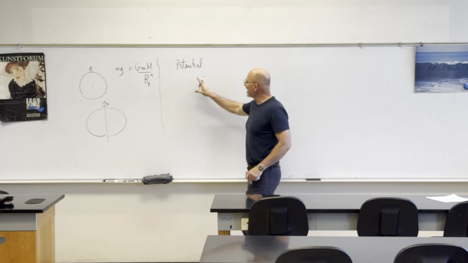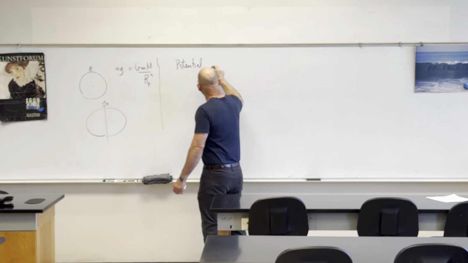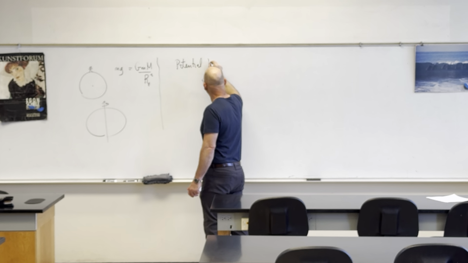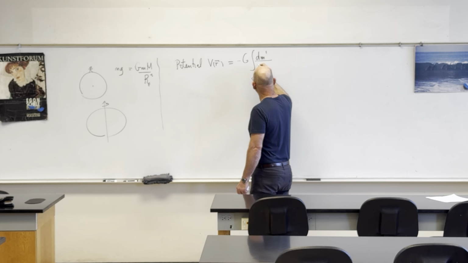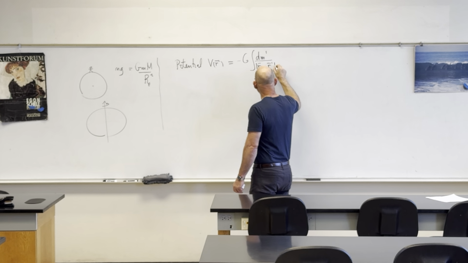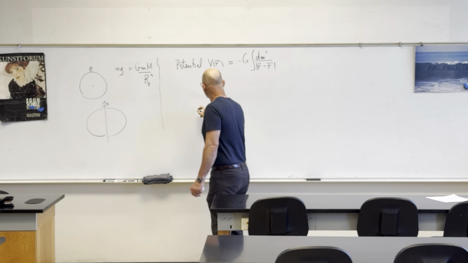We've done that thing with the rod, but now we have to go a step beyond that. So potential V of r, and the way to always look at that is minus G integral dm prime over the magnitude of r minus r prime. And I'll show you in a picture what's going on here.